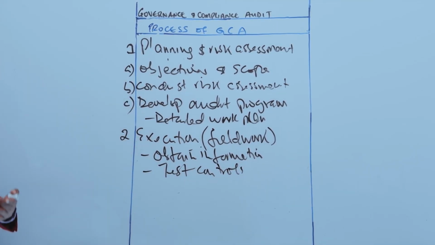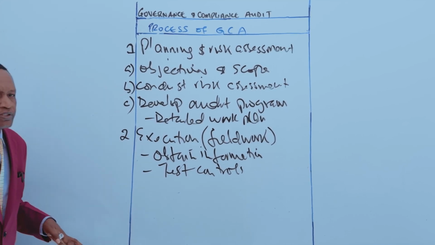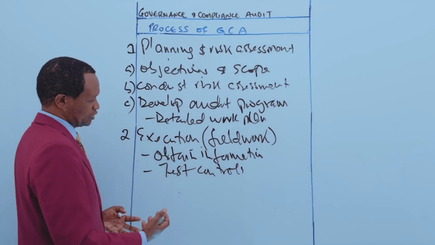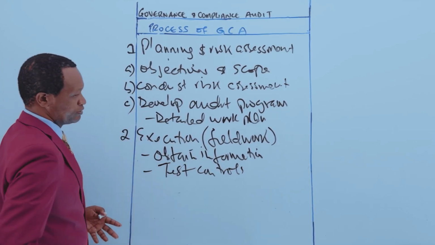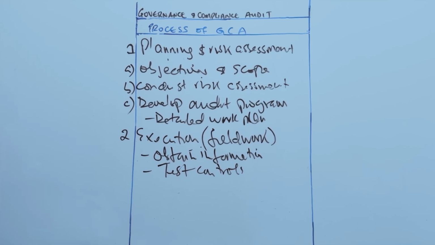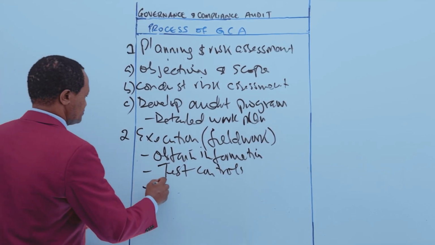Assess whether controls are designed effectively. Do they make sense? Are they actually being used? This is done through interviews, observations, and also by sampling transactions. So you test controls, then you gather evidence.